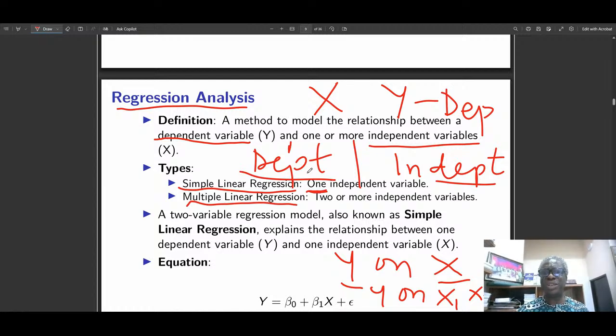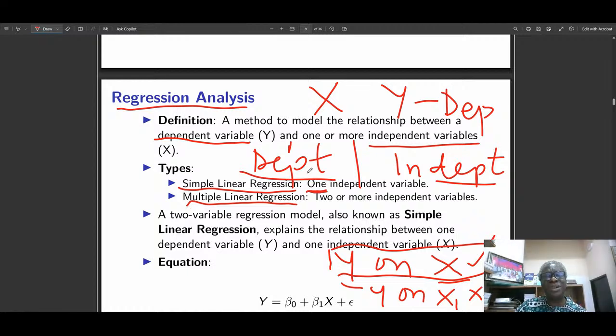So we will only discuss simple regression for now, because there are only 2 variables there. So we also call it a 2-variable regression model.